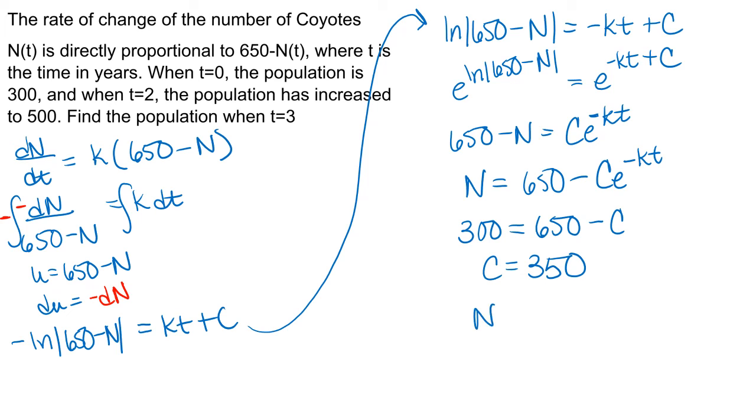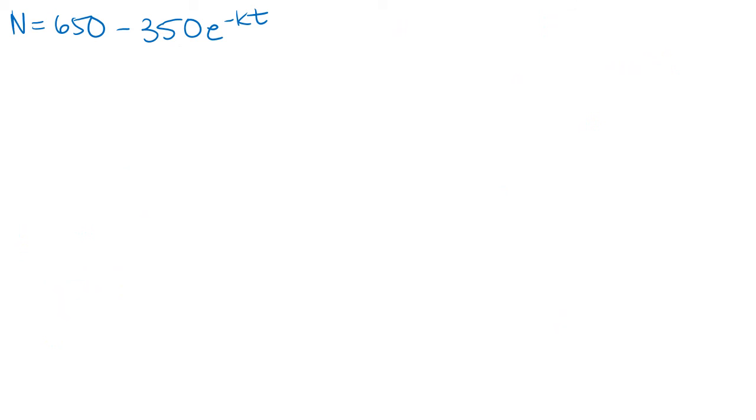So I now have n equals 650 minus 350 e to the negative kt. I just need to find k to be able to answer the question of what the population is at time t equals 3. So I can use this second point here. When time t equals 2, the population has increased to 500. So I have 500 coyotes when t is 2.